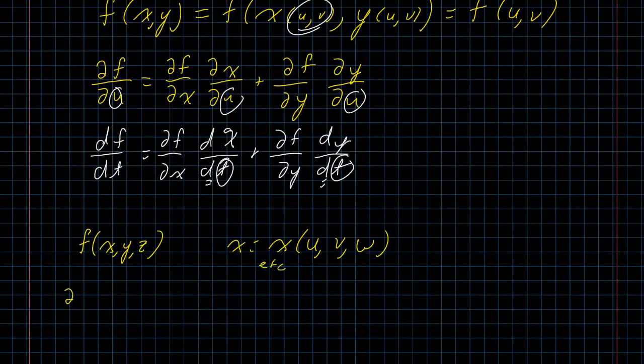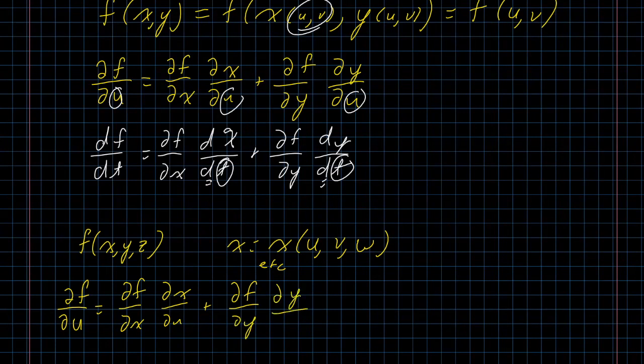Then I can write that the partial of f with respect to u is the partial of f with respect to x times the partial of x with respect to u plus the partial of f with respect to y times the partial of y with respect to u plus the partial of f with respect to z times the partial of z with respect to u.